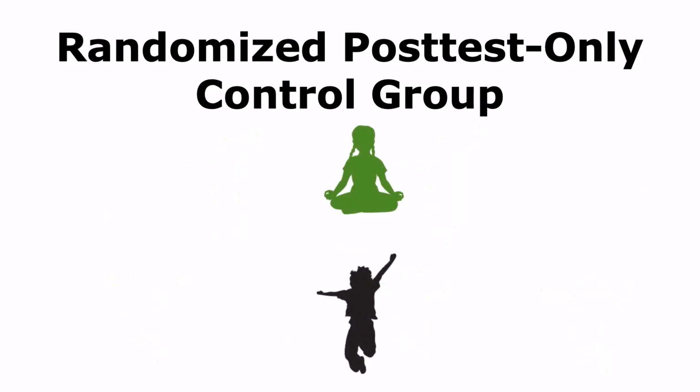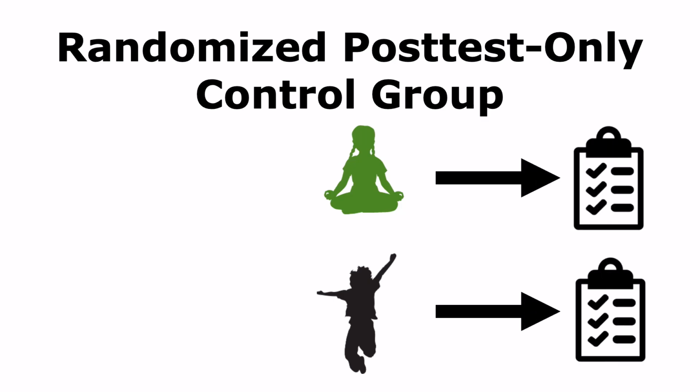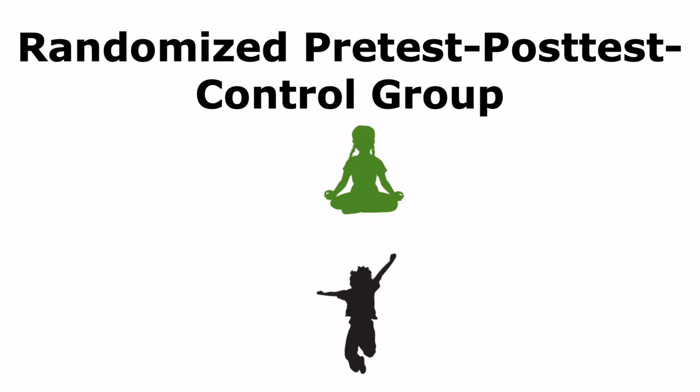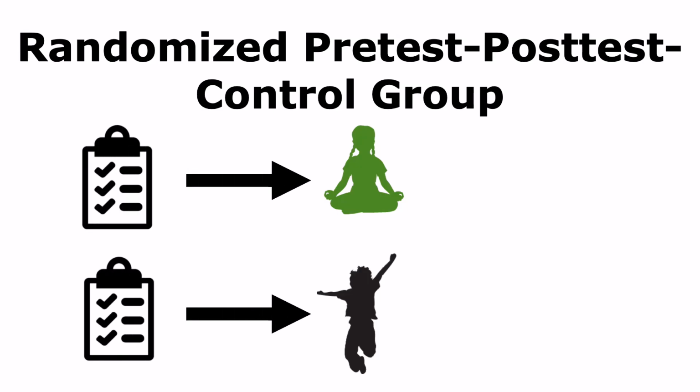So you randomly pick groups from a population, and then one group receives a treatment, in this case, the mindfulness meditation, and then both of the groups are post-tested. The randomized pretest post-test control group design is an experimental design that involves at least two groups randomly selected from a population sample, and then both groups are pre-tested.